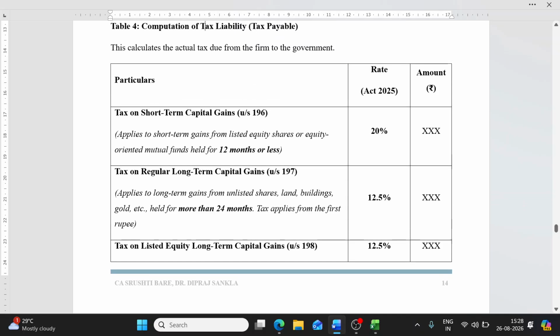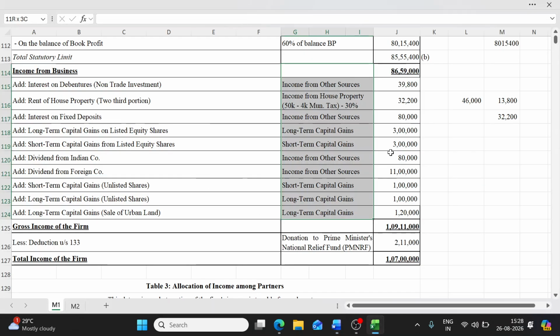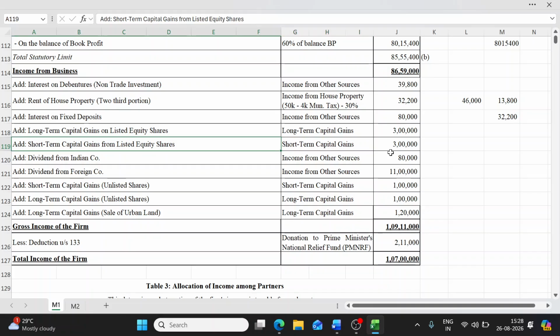In case of tax on short-term capital gain, if it is a listed equity share held for a period of less than 12 months, it could be listed equity shares or equity oriented mutual funds. According to section 196, the rate of tax is 20%, the flat rate. So here in the problem, there is short-term capital gain on listed equity. I'll make it bold.